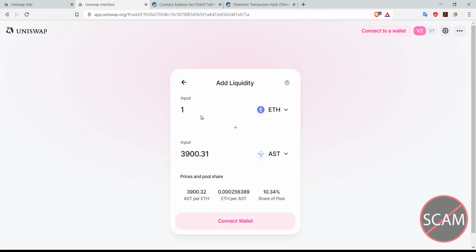And so you could actually end up with a different ratio of your funds after you remove your liquidity. For example, if there was a lot of people buying this token, you as a liquidity provider are selling the token and receiving Ethereum. So when you remove your liquidity, you would actually have a higher percentage of Ethereum to the token.